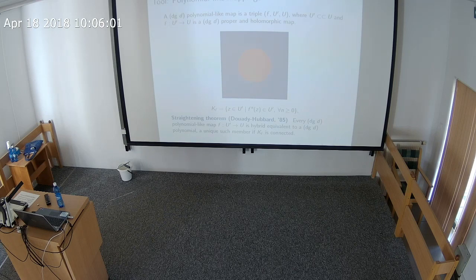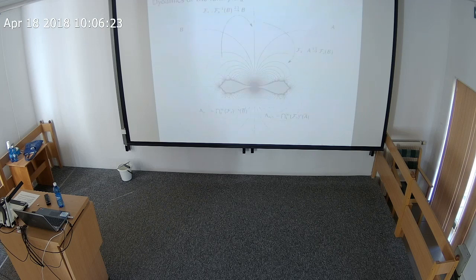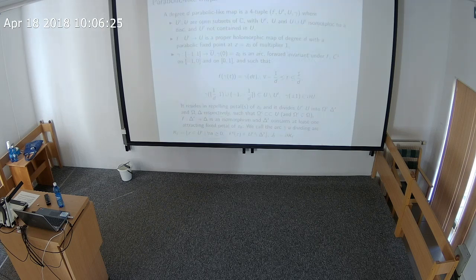If you have the filled Julia set of zeta goes to zeta square, the complement is the basin of attraction of infinity, right? So if you take a topological disk about it, the preimage is compactly contained. And your polynomial P0 of z sends the disk, compactly contained in the other, to the bigger one.